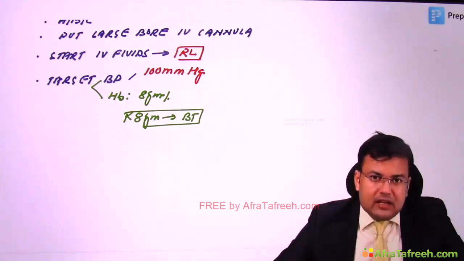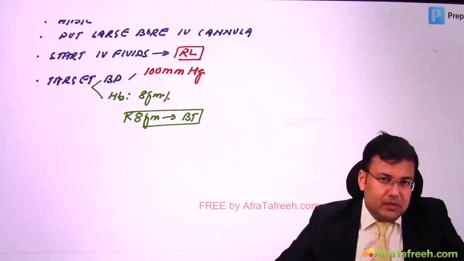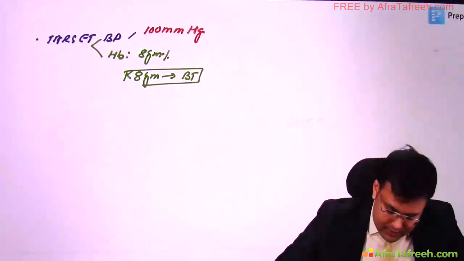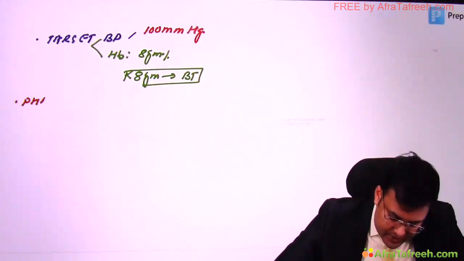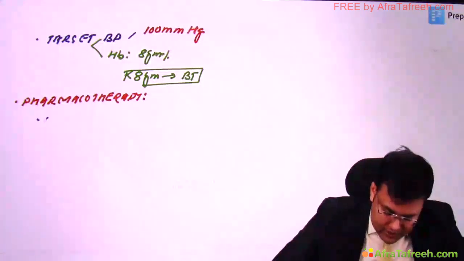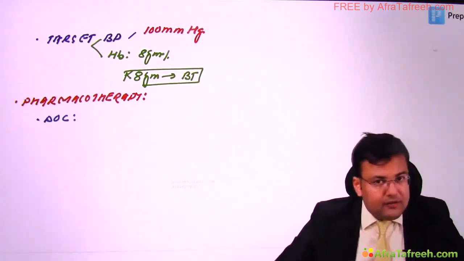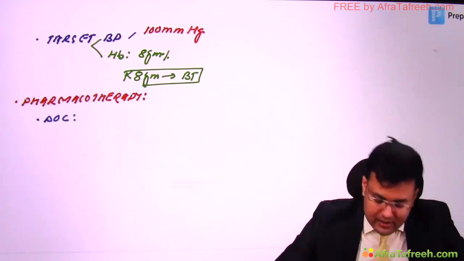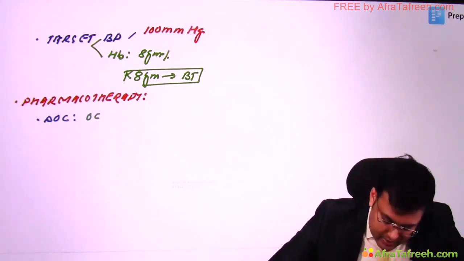After that we have to start the drugs which control the bleeding, and this is known as pharmacotherapy. Which drugs are given? The drug of choice for controlling esophageal variceal bleeding is octreotide. And what's the alternative?